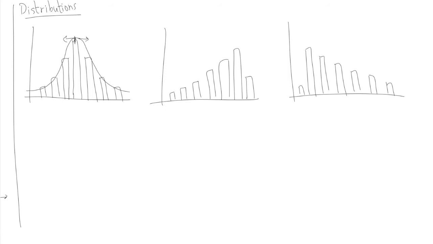It's symmetrical. We call this a symmetric distribution. Left and right from the mode is about the same. You notice the 2 sides are about equal. It doesn't have to be perfect, it's just got to be close.